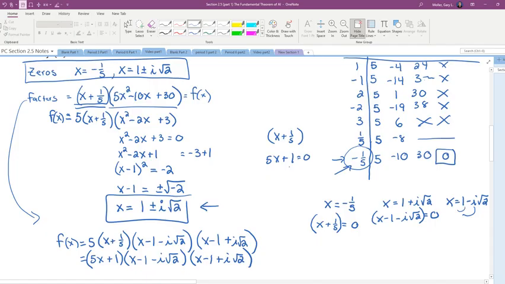So both a factor of x plus a fifth and a factor of 5x plus 1 lead to the same 0. So oftentimes when you get that fraction answer, it's going to end up simplifying so that you can make it into one without fractions. All right, but maybe that's a little advanced for where we're at right now.